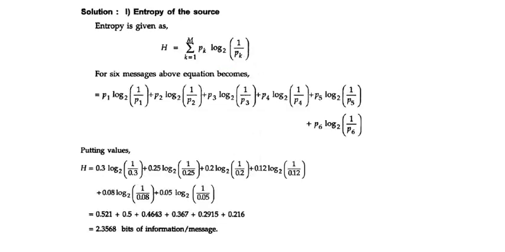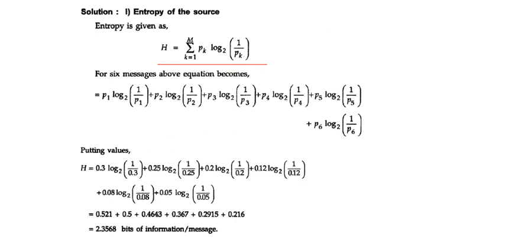So entropy, as you know well, using that entropy equation we can calculate. So H equal to summation of k from 1 to m, where m is equal to 6, since our source X is going to transmit 6 symbols. So k is equal to 1 to 6 pk log 1 by pk.